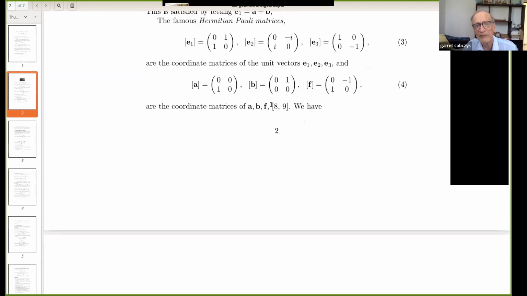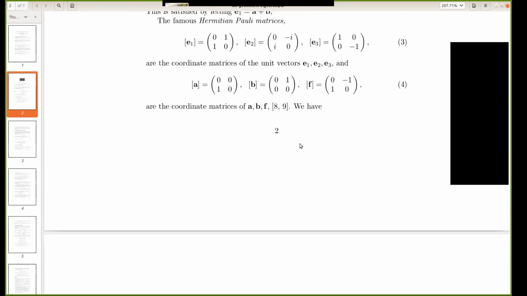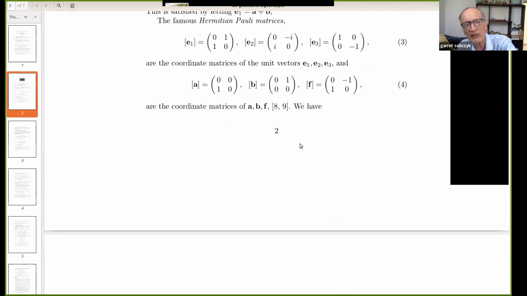Dr. Sobczyk, did you just say that A and B were the generators of G11? That's right. But isn't F a generator of G11? Well, no. F is equal to A minus B. So any real linear combination of A and B of these matrices here, you'll get.